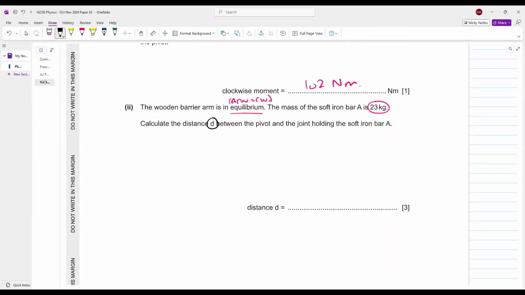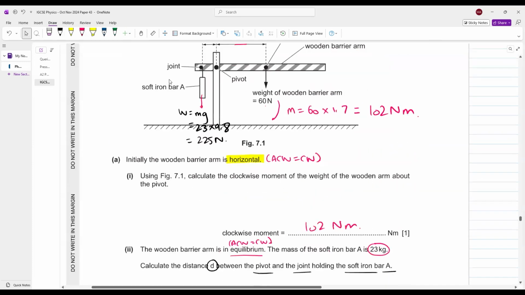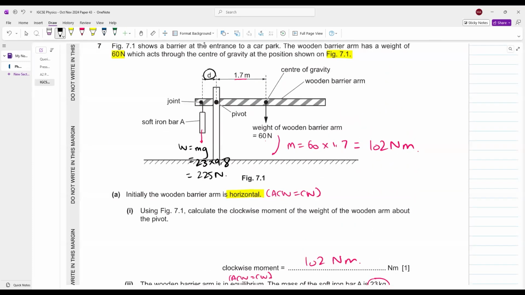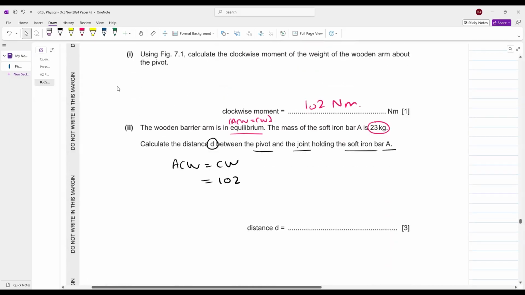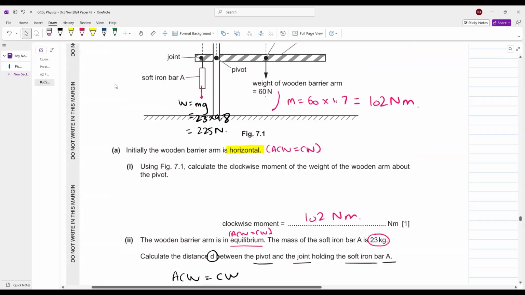Calculate the distance D between the pivot and the joint holding the soft iron bar at A. You have to calculate this distance D. How will you do that? You will say anti-clockwise moment is equal to the clockwise moment. What were your clockwise moment? 102. बेटा anti-clockwise moment किस तरह निकालोगे?